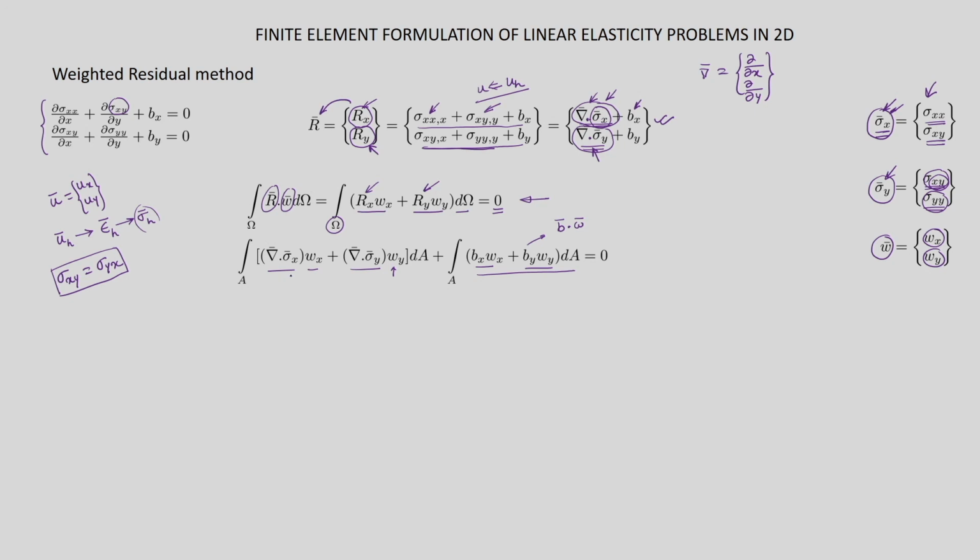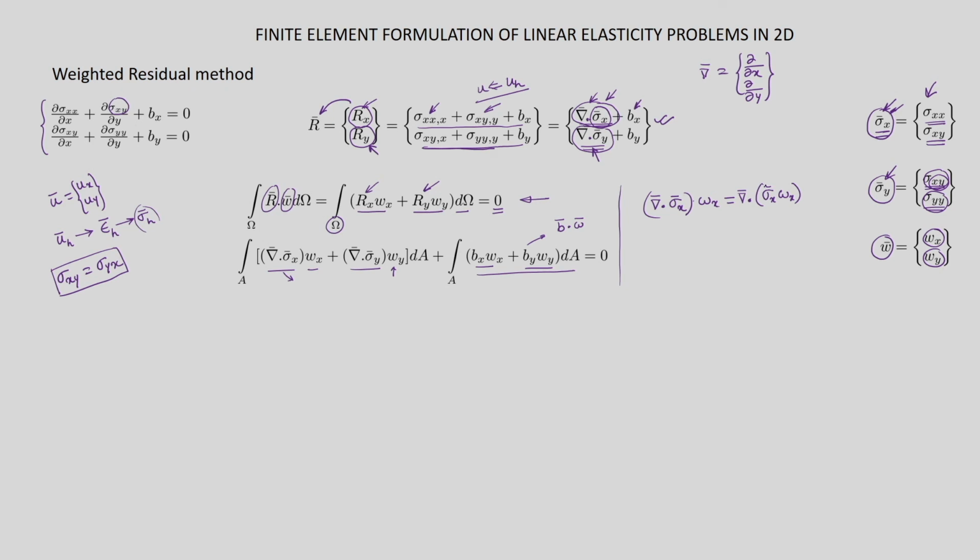Now if we look at these terms, del dot sigma x bar into wx, how can we write it? We will write del dot sigma x bar into wx, because wx is a scalar function here.